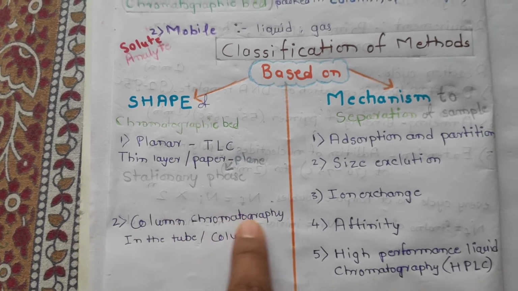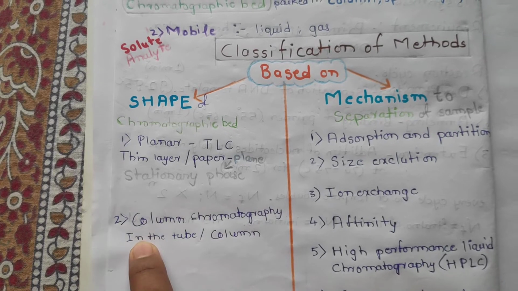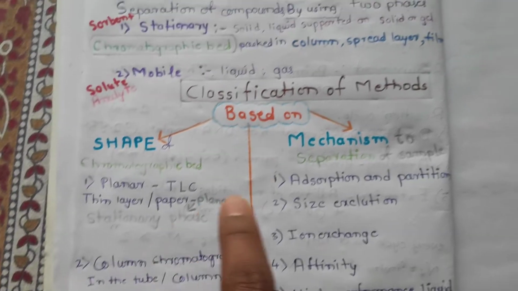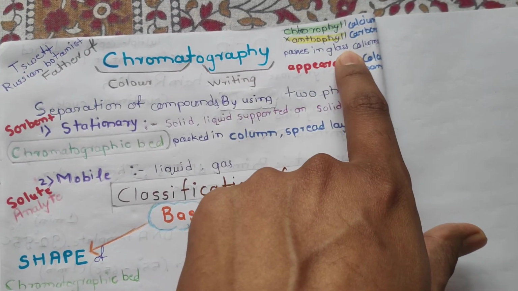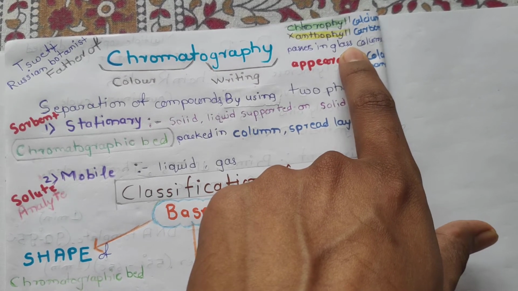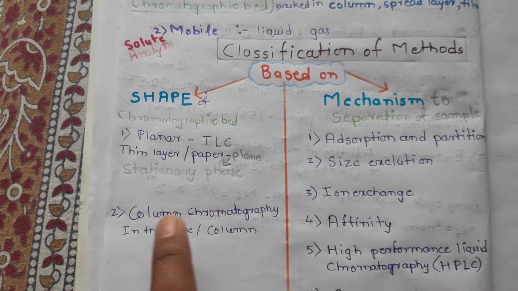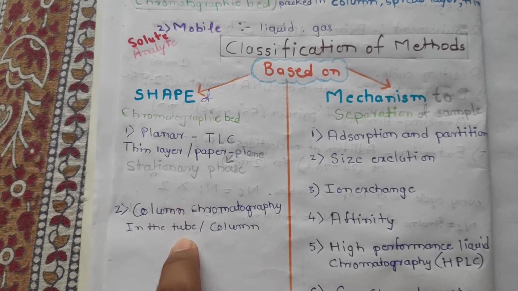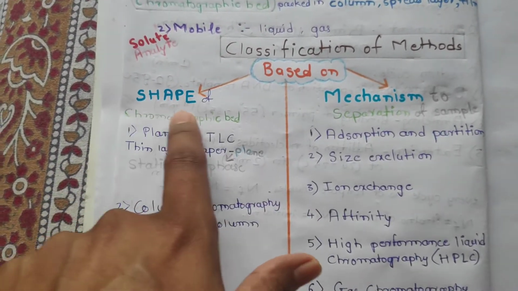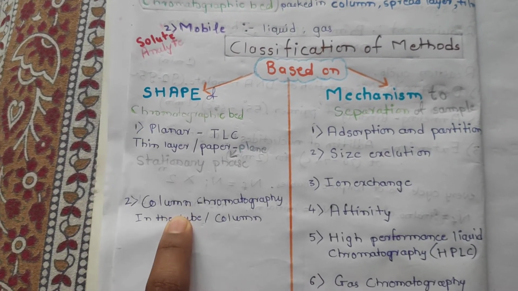Second is column chromatography. This is the same as that. Tswett used a glass column, so it is column chromatography. In this the stationary phase is in the column, so the shape of the chromatographic bed is a tube.